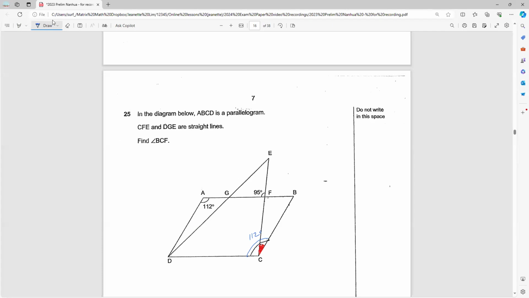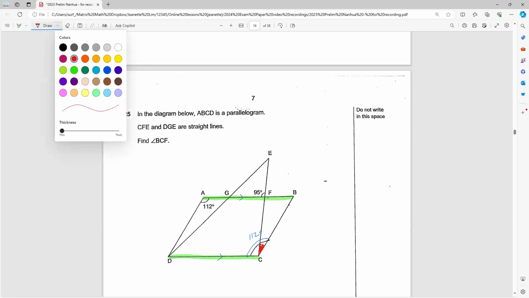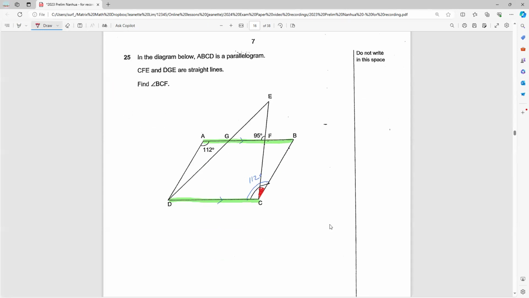And then we have parallel lines. If you have a parallel line and you have a line cutting through this way, then this over here is 95 as well. This over here is 95.